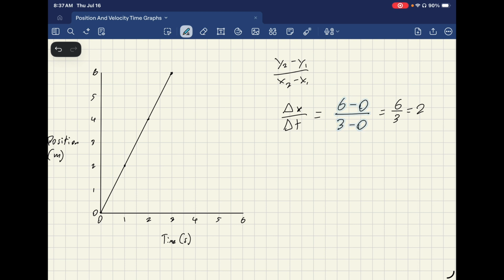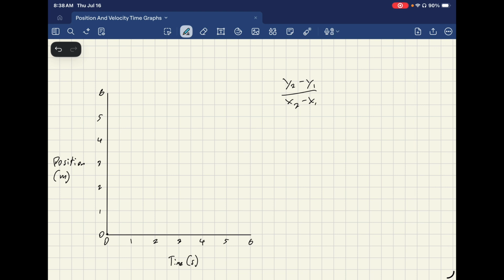Now, the change in x, the position, has units of meters, and the change in time has units of seconds. So we end up with 2 meters per second. This gives us that it is a constant velocity over this whole graph, a constant velocity of positive 2 meters per second.